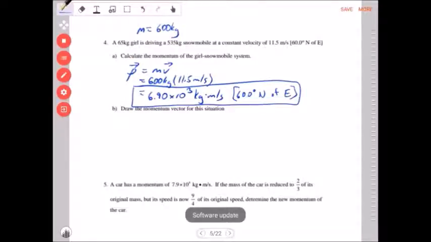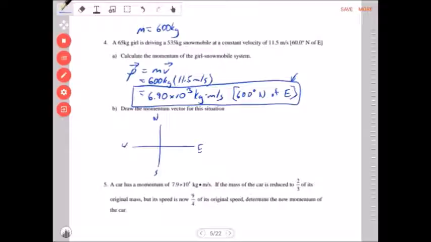Then B, draw the momentum vector for this situation. So remember, if we draw an axis set here, this is north, east is over here, west is over there, then south, of course. So if I am north of east, I am north of the east line.